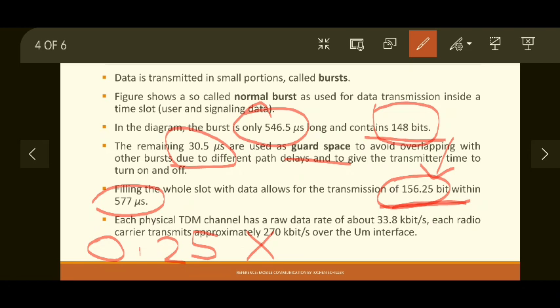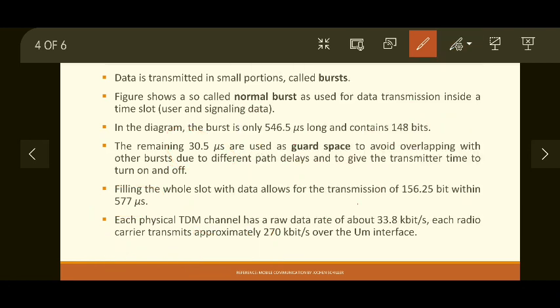Each physical TDM channel has a raw data rate of about 33.8 kbps. So each radio carrier can transmit approximately 270 kbps over the Um interface. A single user has a data rate of 33.8 kilobits per second, not bytes, kilobits, and 8 such users combine to give a rate of 270 kilobits per second.